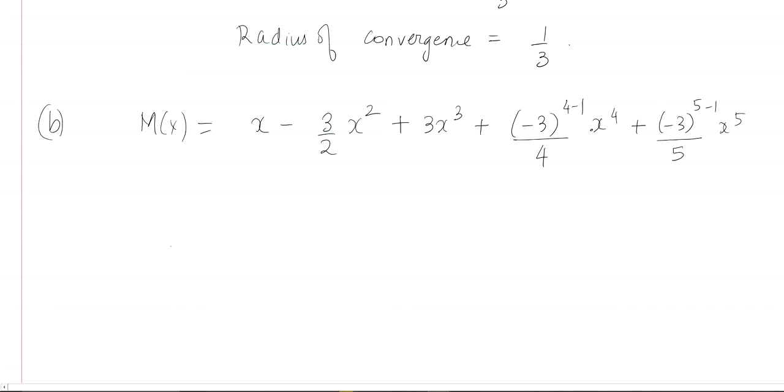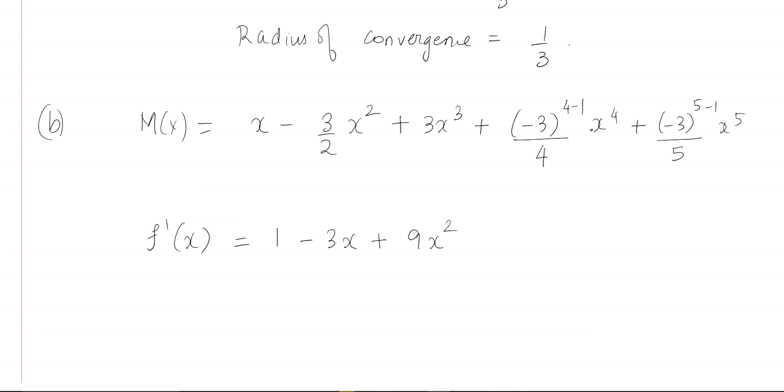All right, now we're not interested in this. What we want is the derivative of this. So if I find the derivative up to the first four terms, we simply differentiate it term by term. The derivative of x is simply 1, so that's easy. The derivative of x squared is 2x, so the 2 cancels out and I can write this as negative 3x. The derivative of x cubed is 3 times x squared, so the third term becomes 9x squared.